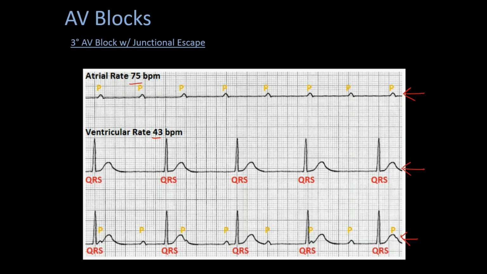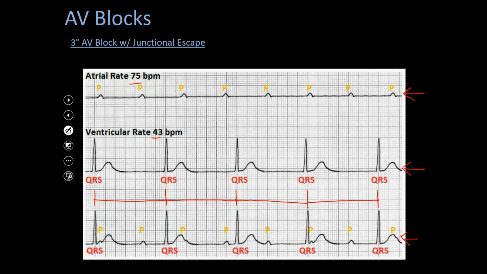Second-degree AV block type 1 has an irregular R to R, where the block is present. And here you can see this R to R is very regular, which means it's not being dependent on how many impulses the AV node allows through. It's two rhythms beating completely independently of one another.